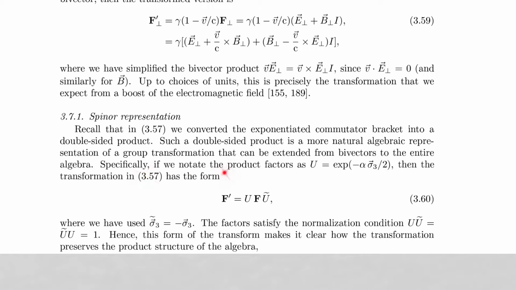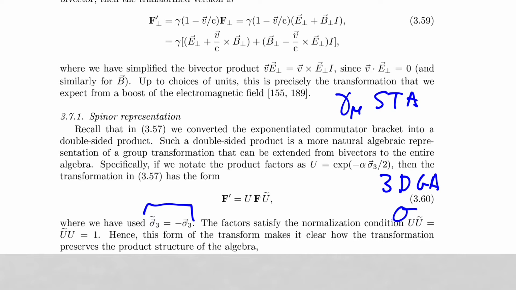So specifically, if we notate product factors like this, then the transformation has this form, which we just went through, where we have used sigma 3 reversion as minus sigma 3. Now, to make sure that we understand and remind ourselves how that works, you've got to remember, sometimes we're thinking in the full four-dimensional space-time algebra with gamma mu, and sometimes we're thinking in the three-dimensional geometric algebra with sigma i.